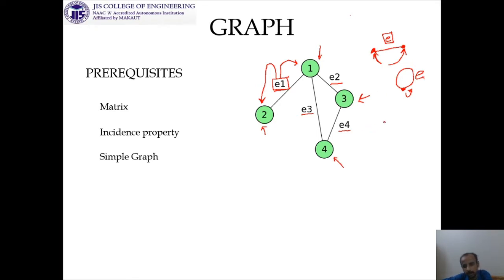A simple graph means there are no parallel lines as well as no self loops. This graph will not contain these two things.